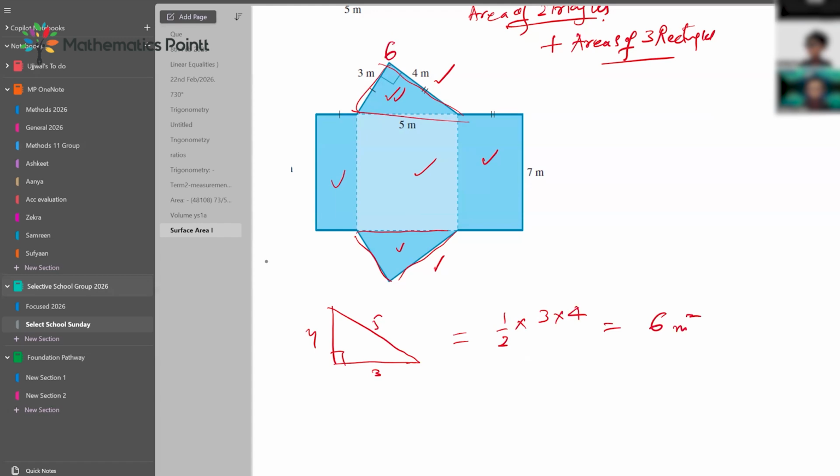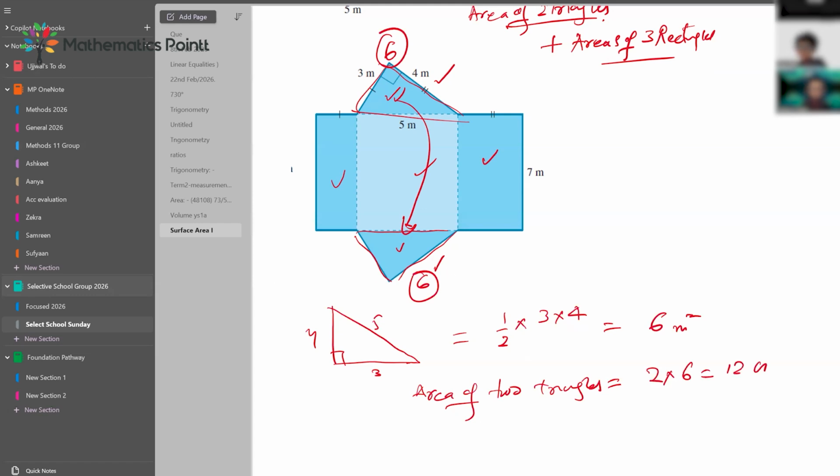So this bit is 6. And exactly opposite to this will also be 6. So the area of 2 triangles is twice the 6, which is 12 meter square.